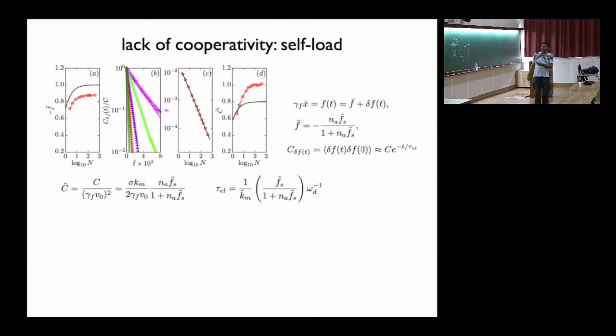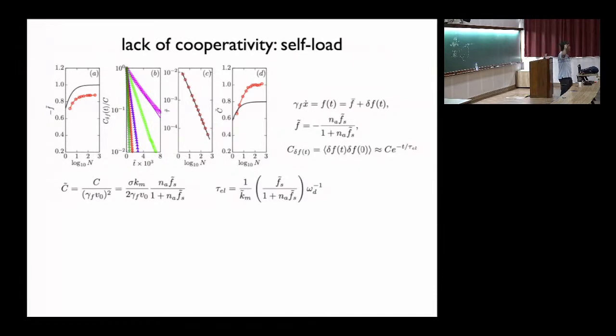By definition, this delta f averages to 0, because the average part I have taken here. The rest is just fluctuation, given by this correlation function, which has two quantities: the strength c and the correlation time tau. This tau is given essentially by the elastic part of the molecular motors. I am not going into the details of this derivation.